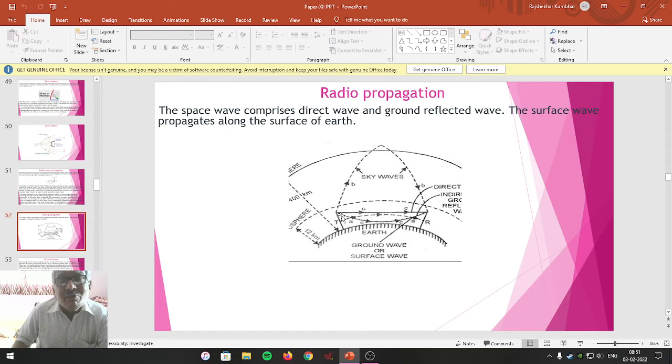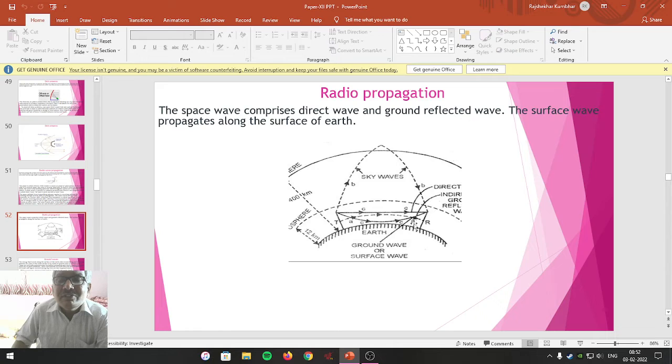There are some waves which escape from the transmitting antenna and reach directly to the receiving antenna. These are used for line of sight communication. It is called the direct wave. There are some electromagnetic radiations which escape from the transmitting antenna, reach the Earth's surface, and from the Earth's surface they are reflected back towards the receiving antenna.